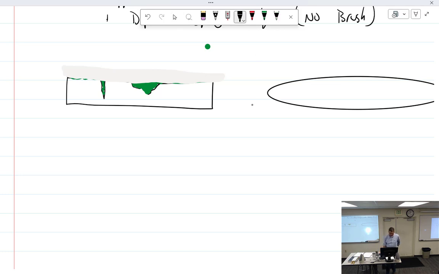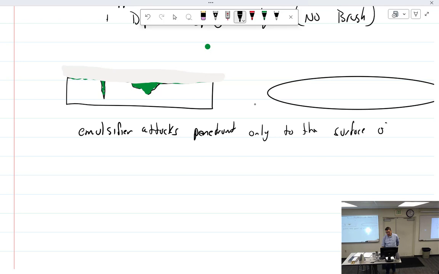So the emulsifier affects penetrant only on the surface of the part, assuming you've done it correctly.